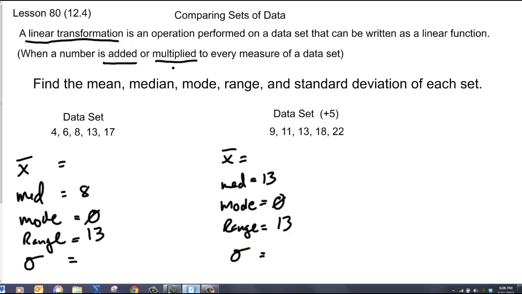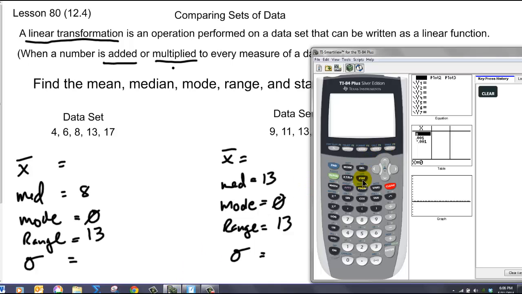So let's go to our calculator, and in our calculator we'll go to stat and edit, and you'll see that I plugged those values in. You can do that right now. Next I'll calculate some one variable statistics so we can get a standard deviation. So let's go ahead and do that.